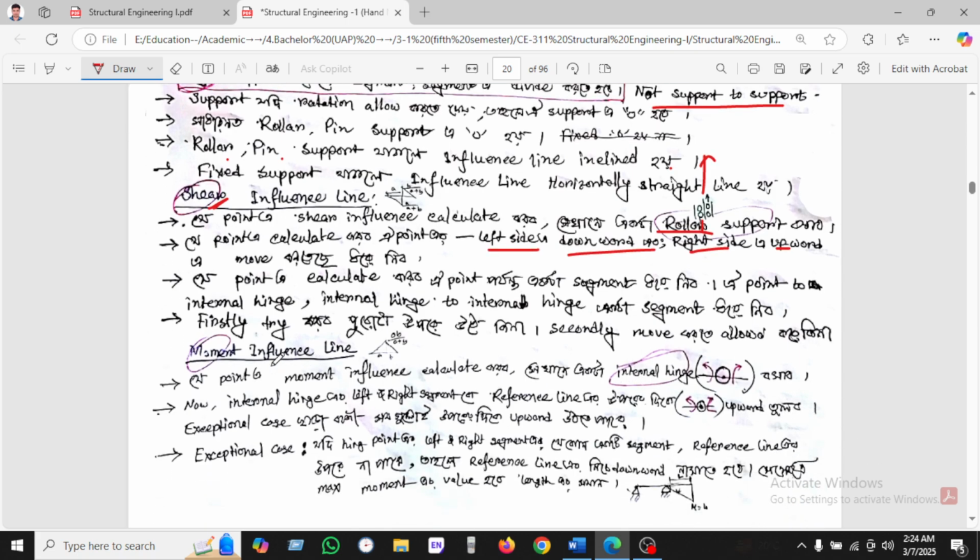Firstly we will check whether the segment is moving fully upward or not, and secondly whether it is allowed to move or not. And for the moment influence line, we will insert an internal hinge where we will calculate the moment.